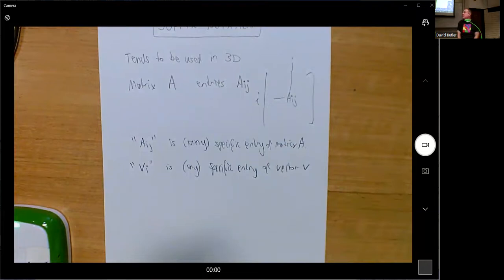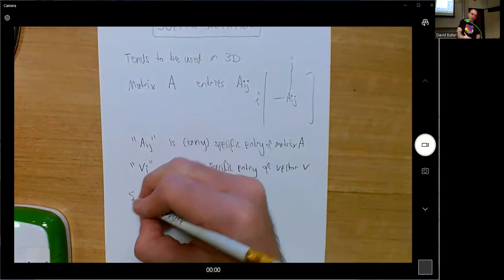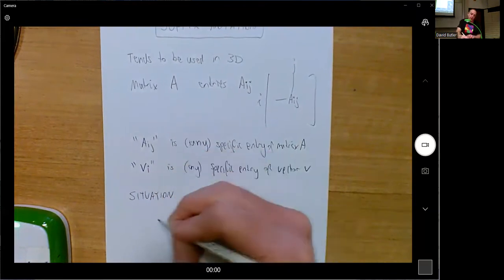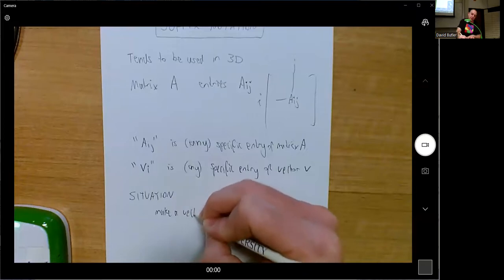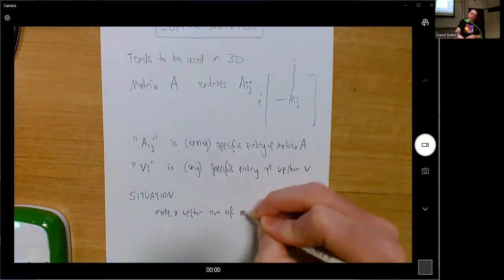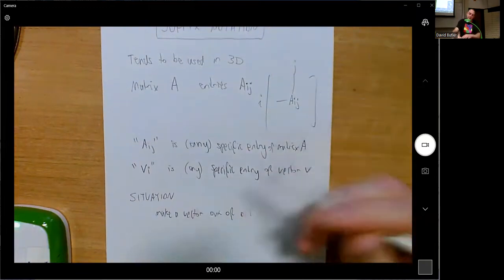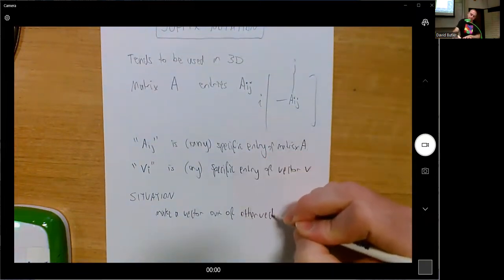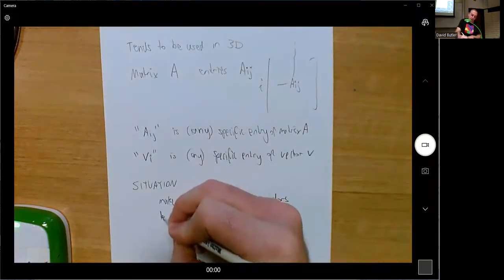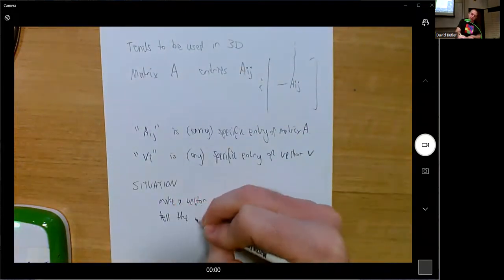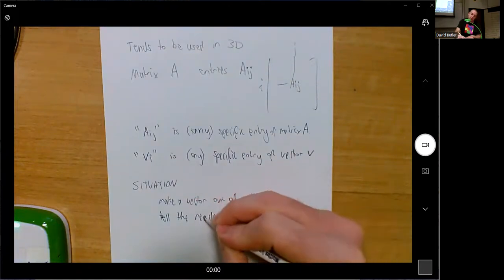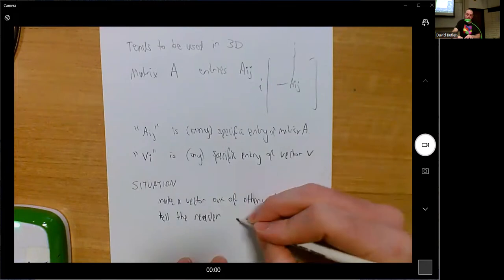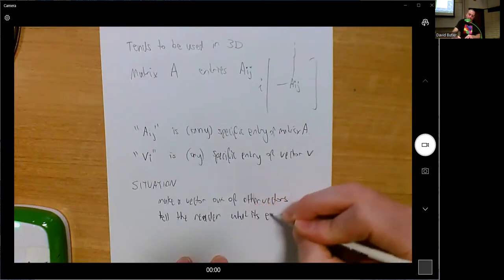So what suffix notation is designed to do is to tell you about the entries of a new object you make out of other objects. So you make a vector out of other vectors, and you tell the reader, or yourself probably, because it's designed for use in calculations, what its entries are.